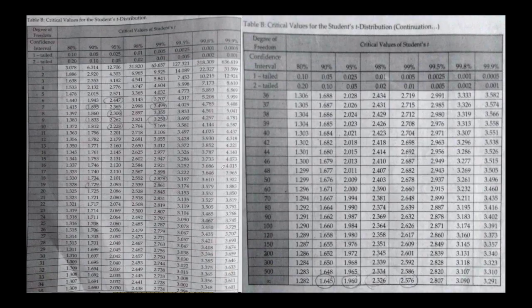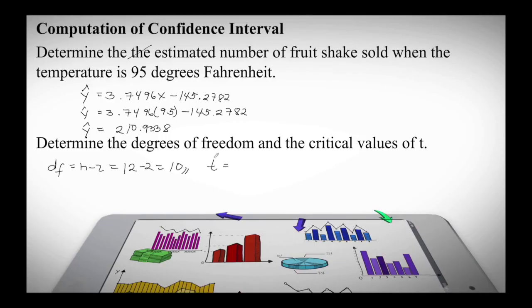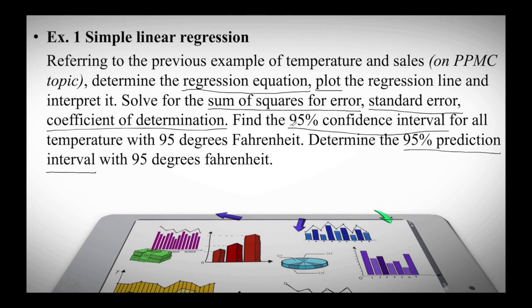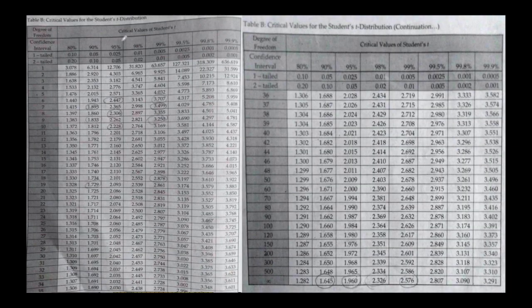Since the confidence interval is 95% based on our problem, find the 95% confidence interval for temperature of 95 degrees Fahrenheit, we choose 95%. It is automatically two-tailed because this is not hypothesis testing; two-tailed or one-tailed, 95% is 95%.